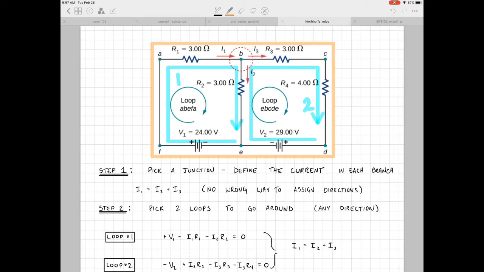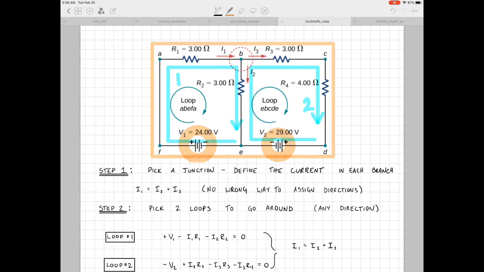And this is a circuit that cannot be reduced by way of finding equivalent resistances for series resistors and parallel resistors. The fact that we have two batteries here essentially prevents us from reducing down the circuit like we could in previous examples.